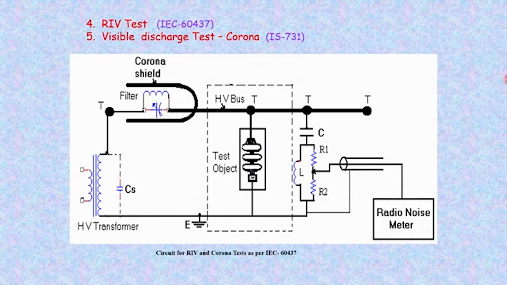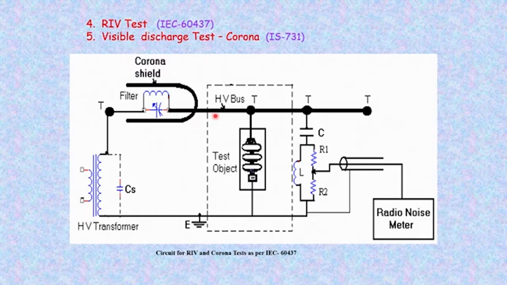This circuit shows the radio interference measurements. It is a bit similar to the partial discharge experimental setup. You see the high voltage transformer. CS represents the stray capacitance of the transformer from the bushing to the ground. Here is the connector. You have a filter with a corona shield, and the filter is tuned to a certain frequency which has to be measured.